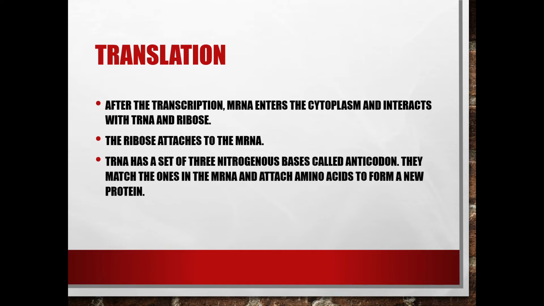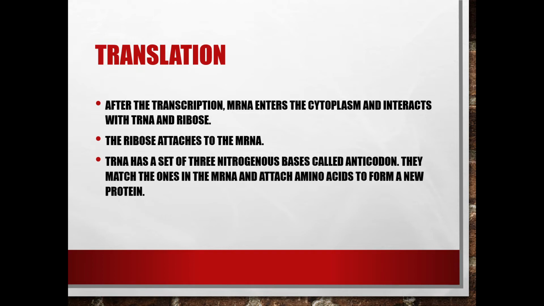So remember that the nitrogenous bases are always going to pair up. And if we talk about messenger RNA and transfer RNA, adenine is always going to pair up with uracil, and cytosine is always going to pair up with guanine. So basically, the transfer RNA has this anticodon, which is a group of 3 nitrogenous bases that are going to match the ones that it finds in the messenger RNA.